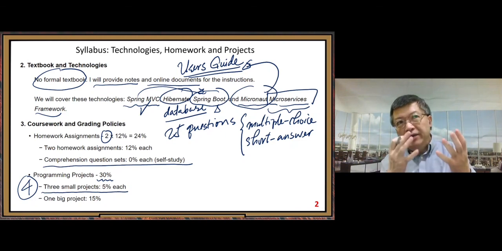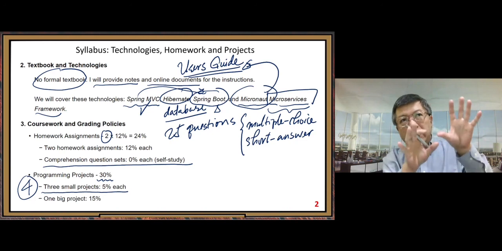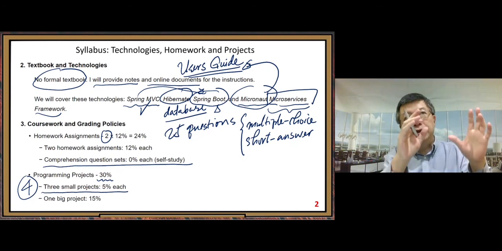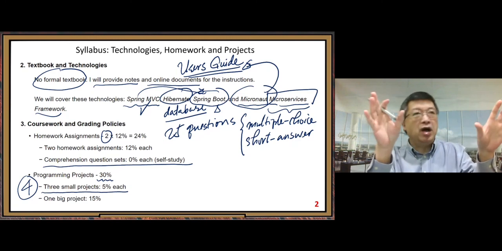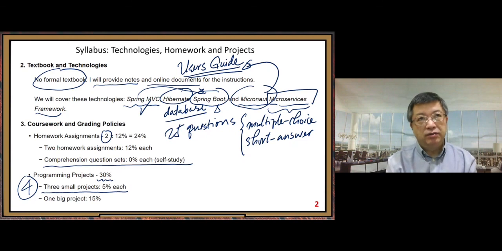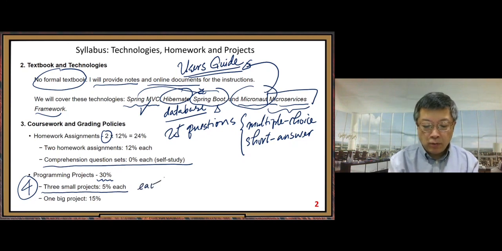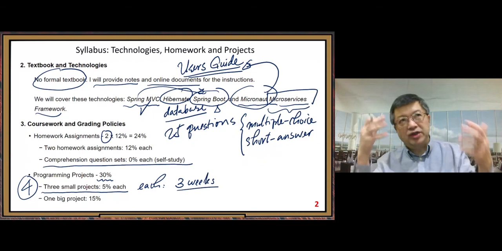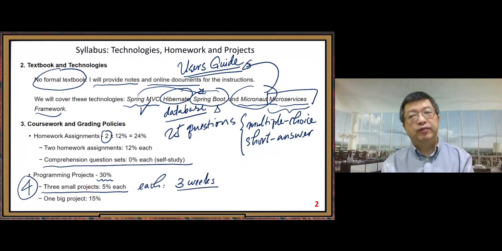So you work on a relatively small application, and you do not need to spend a lot of time to complete it. I will give you a sample project to help you work it out. For each project, I give you approximately 3 weeks to complete it, so you should have plenty of time.